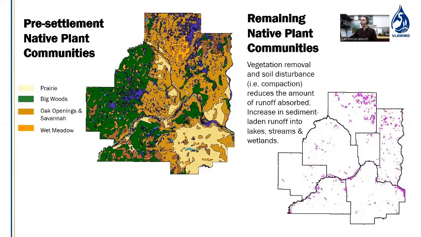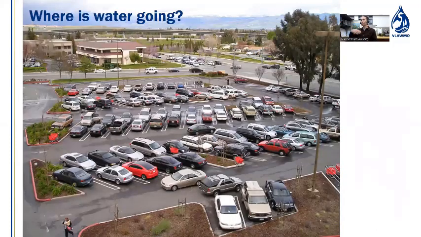So it changes the function of the watershed. The water cycle has changed and it's moving differently. And when it moves differently, different materials go along with that. Sediment, nutrients, anything that's on the pavement.